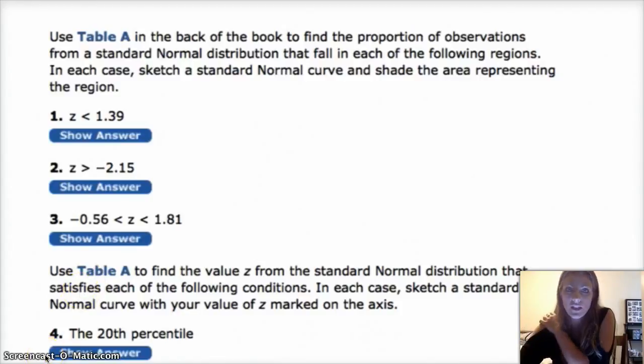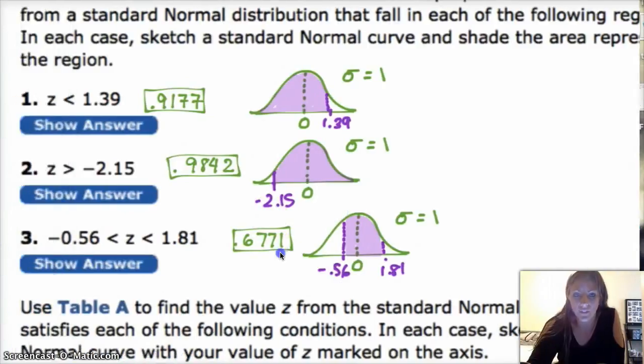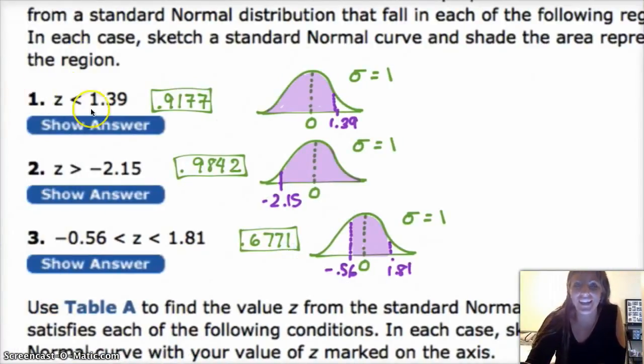Make sure you understand that, because we're going to use this pretty much from here on out. So it's important. Okay, so 1 through 3 should be 0.9177, 0.9842, 0.6771, and these are the areas that you're finding.